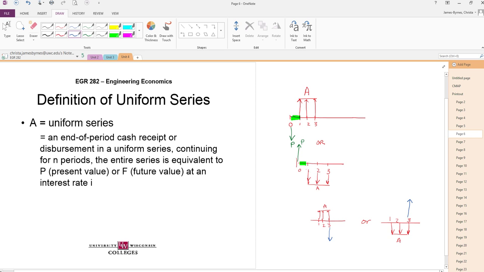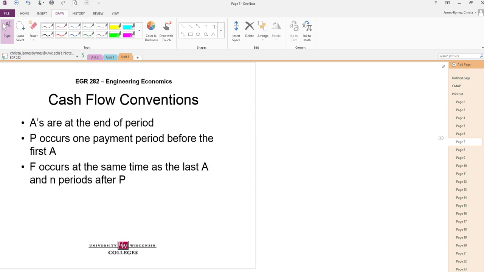It's instantaneously done. So last payment, you get it out. There's your future. So the timing of these is really, really important. So A's are end of period, P's occur one payment period before the first A, F occurs at the same exact time as the last A.